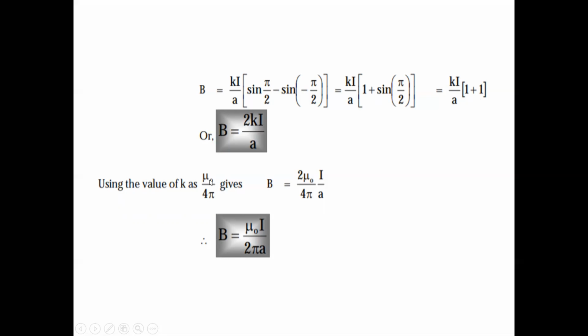Here K value is equivalent to mu naught by 4 pi. By cancellation, the magnetic field intensity B value is equivalent to mu naught I by 2 pi A. So this is the expression for the magnetic field intensity of the straight current carrying conductor.